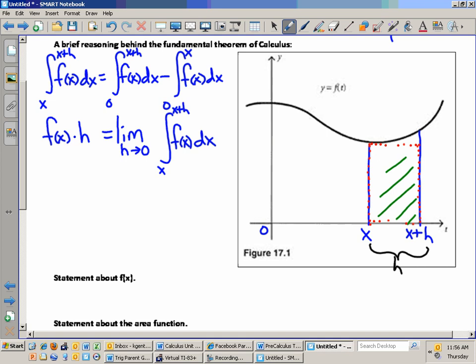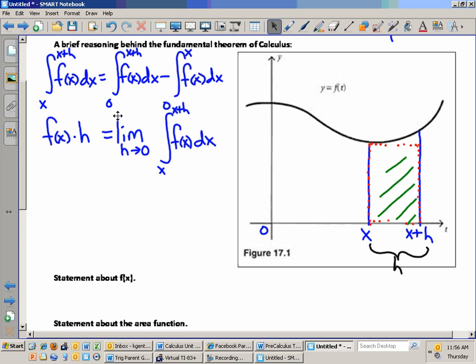I'm going to do something here, and don't freak out. Okay, yes. The area I'm trying to find, you say that the red rectangle is a bad approximation right now. But if I move x plus h closer, then the new rectangle that I would draw would be a much better approximation.